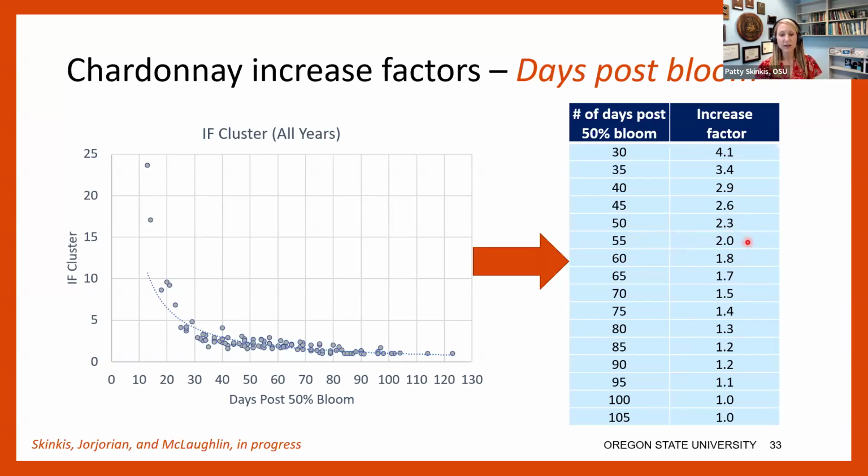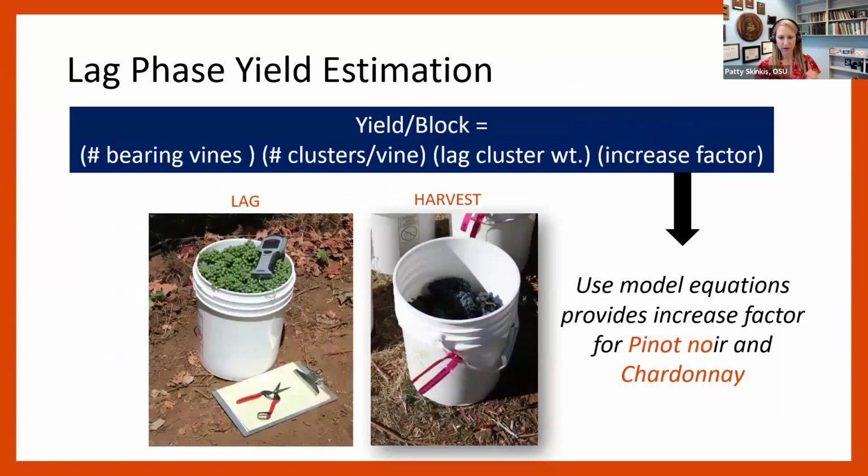What this means is you can collect that data anytime in this window from 30 days to harvest and get a good crop estimate if you use this increase factor or the models for increase factors. So what my lab group did was come up with a way to help growers plug in an increase factor that's not tied to a lag cluster weight.